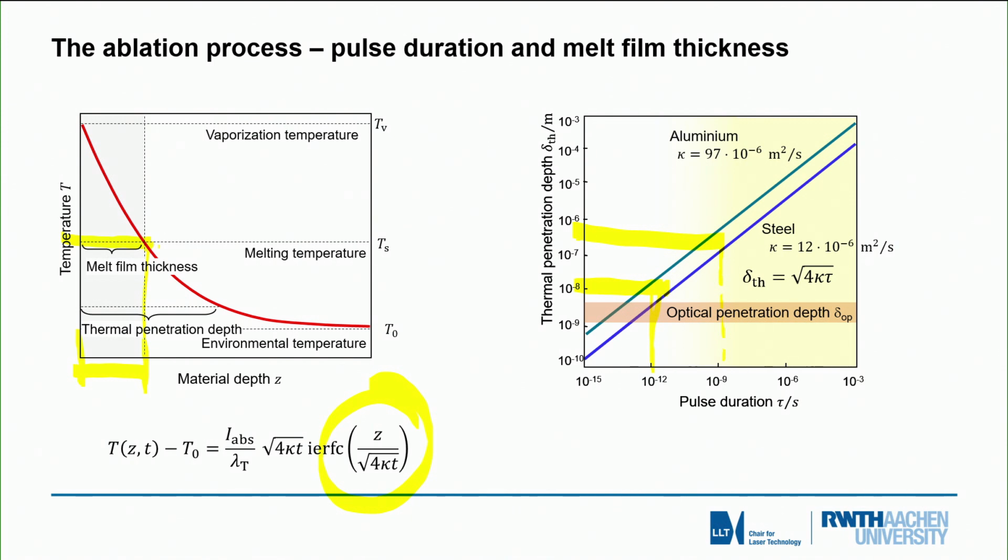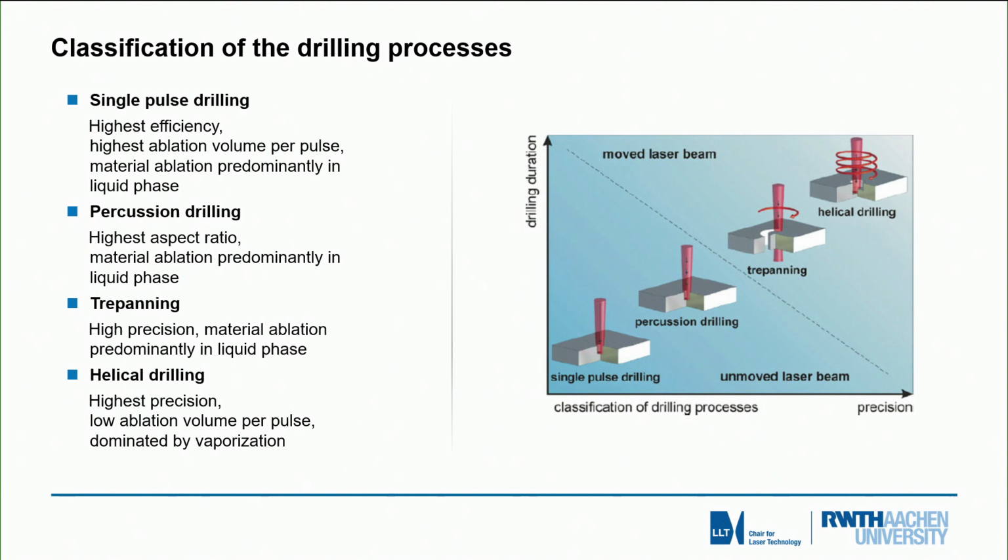So if we really want to go to sub-micron precision, we definitely need to go well below a nanosecond in pulse length.